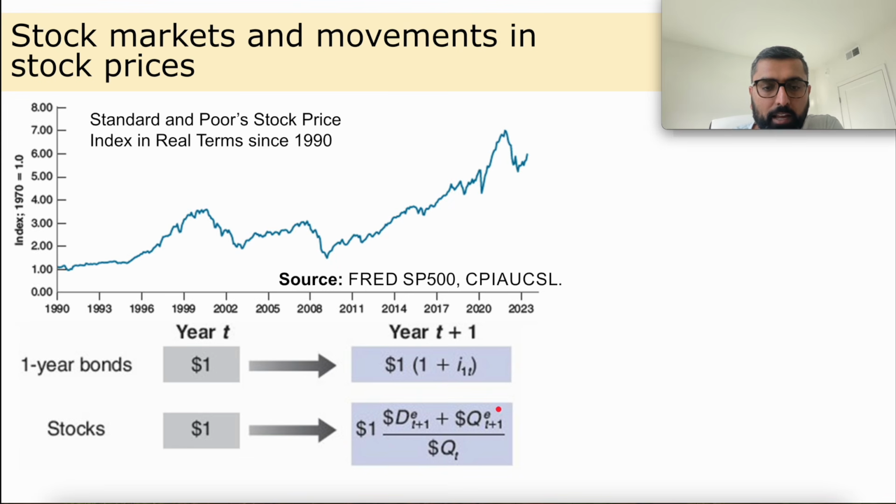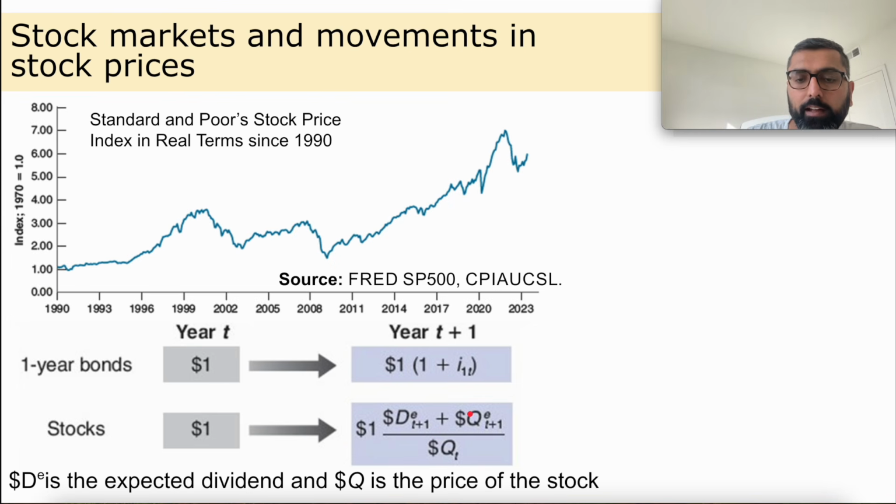So units times the dividends that each of these units will give, plus you will have the price at that point a year from now. So, like we did for bonds, we can do the same for stock. $1 now is equal to, in a year from now, dividends that you will collect, plus you will get the price of the number of units that you hold, which is 1 over the price for when you bought it.